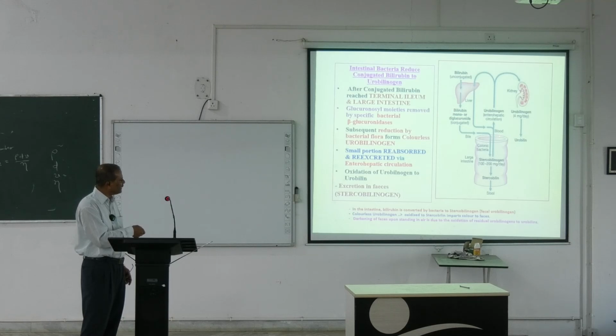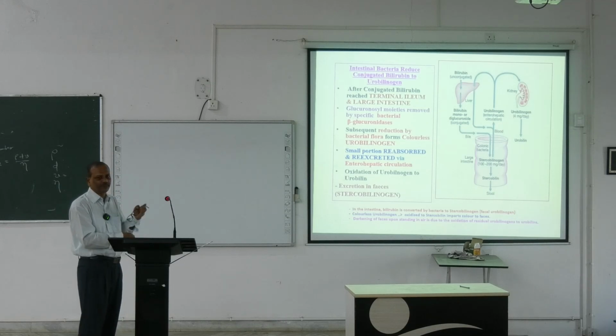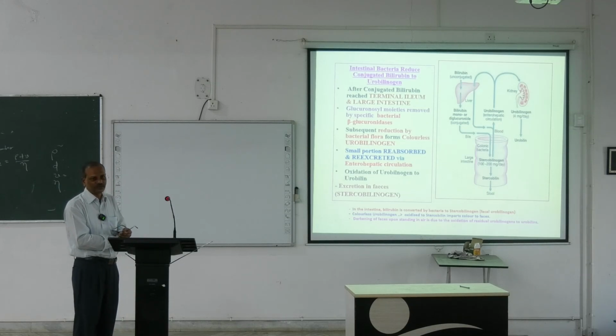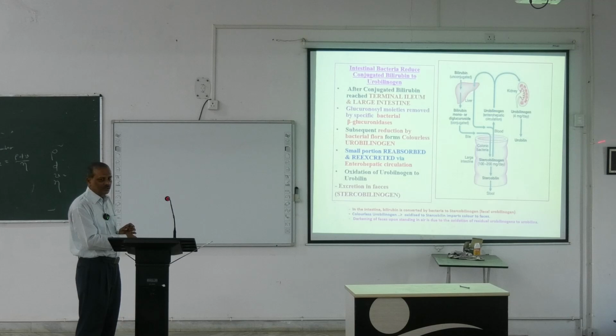Through the bile, it will undergo conversion into urobilinogen, and the same urobilinogen in the feces is called stercobilinogen. That stercobilinogen will be excreted with the stool. Only a small part is reabsorbed, recirculated and re-excreted. That is called enterohepatic circulation.